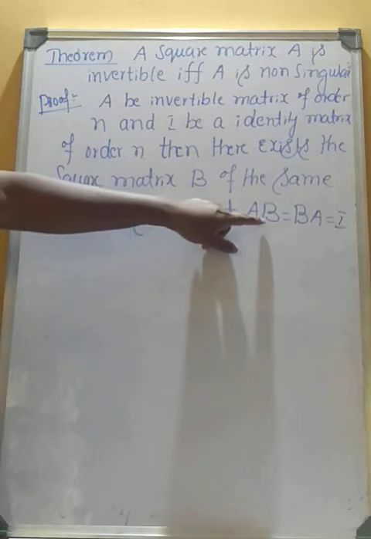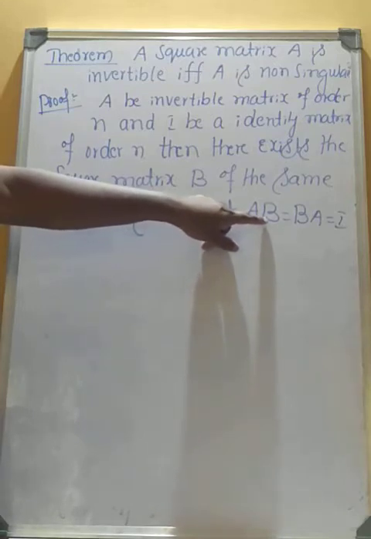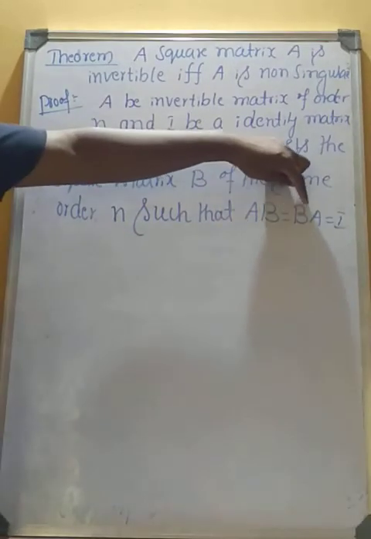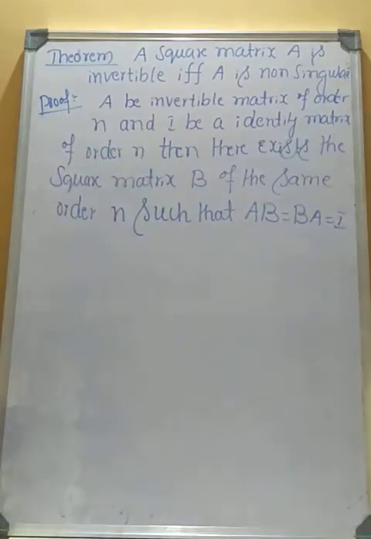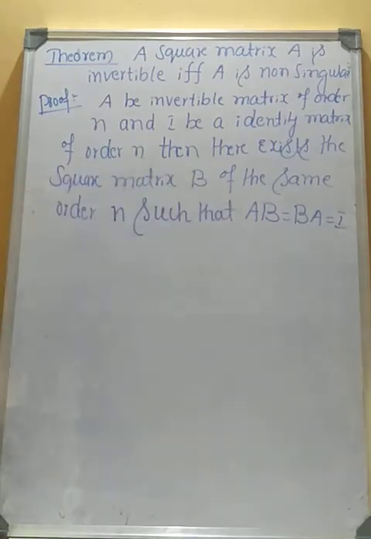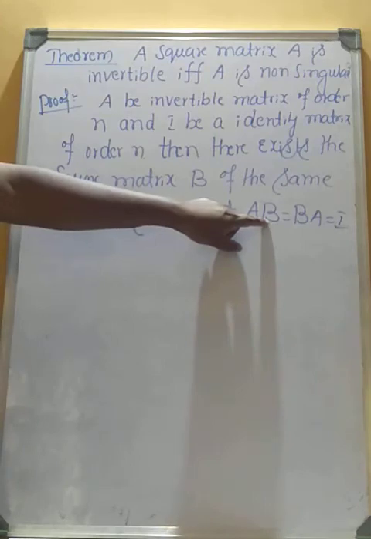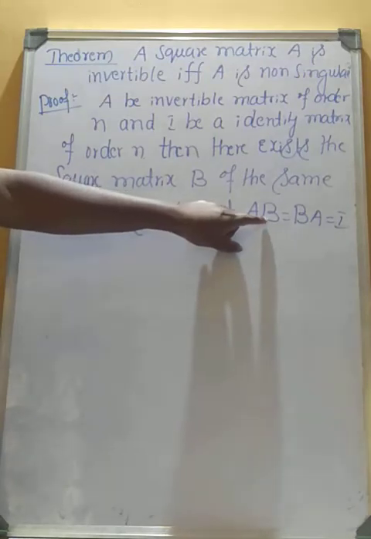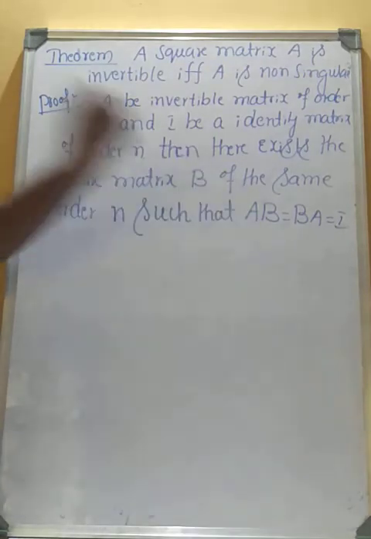Then there exists another square matrix B of the same order such that AB equals BA equals I. That is called an invertible matrix. Here the matrix B will be the inverse of matrix A.